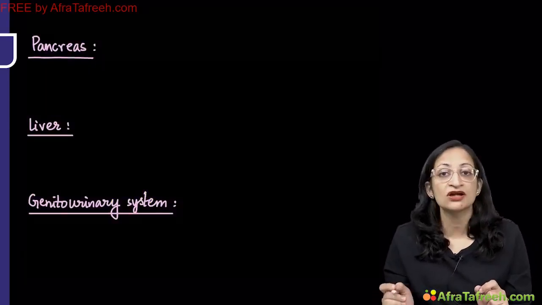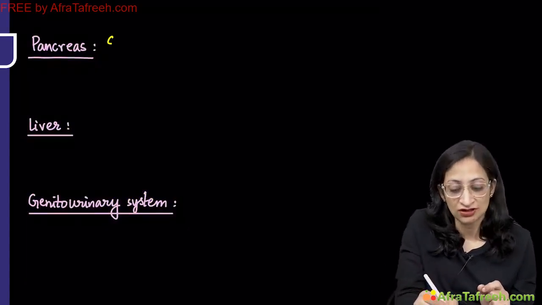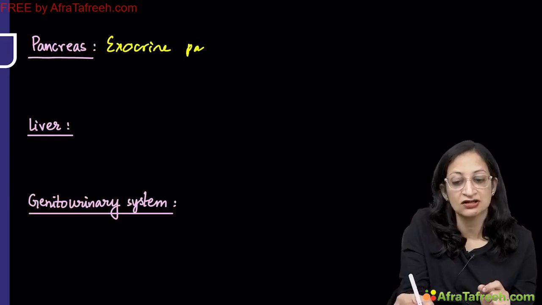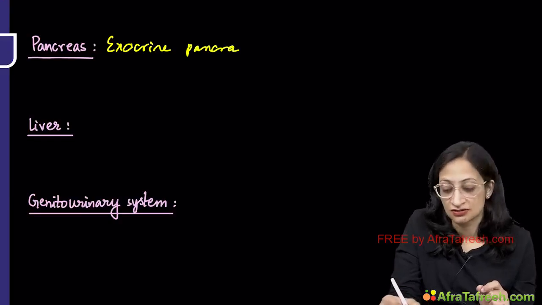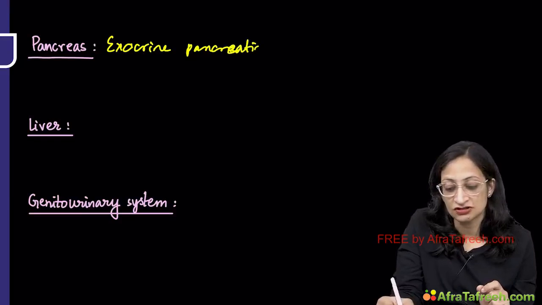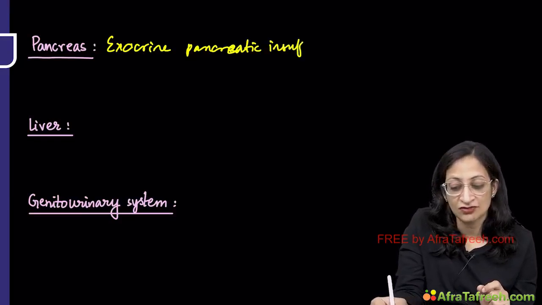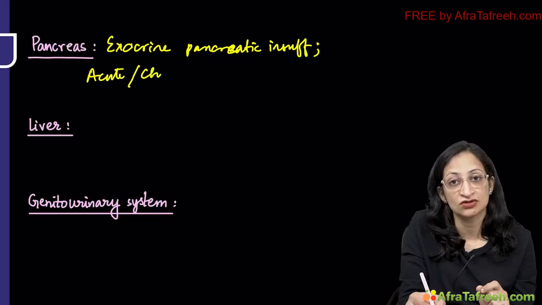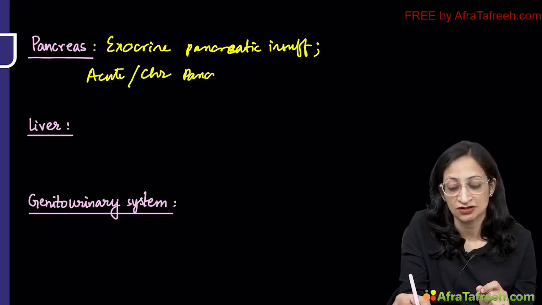Now moving ahead to the pancreas, we know there is exocrine pancreatic insufficiency. Apart from that, there can be acute or chronic pancreatitis.